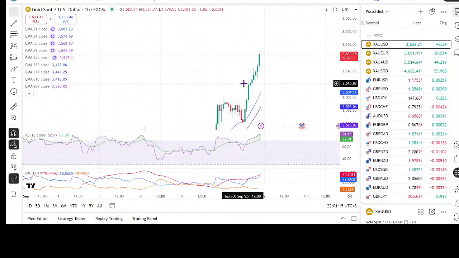Then I think we will just forget about today's trade and wait for the final trade, because at this level I don't want to go for a buy and chase. It is going to be a bit tricky and a bit choppy.